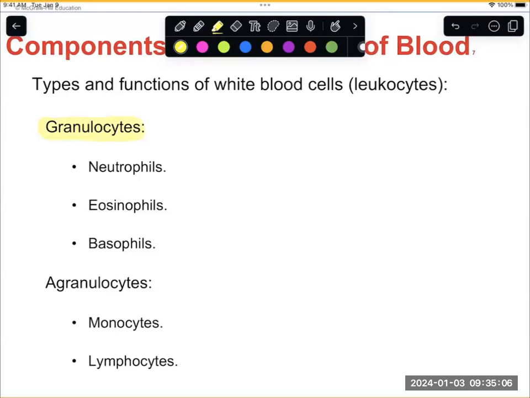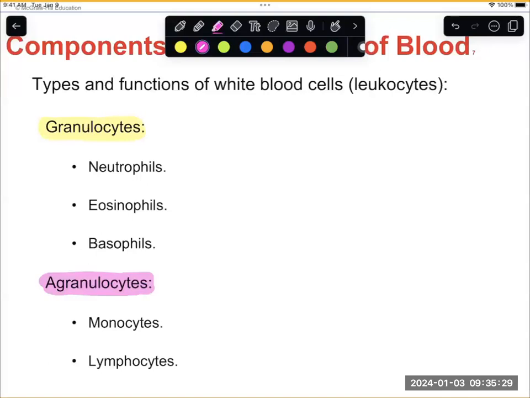These granules are enzymes and different chemical products. And then we have agranulocytes. When they're stained on a slide to view, they do not contain those little granules.